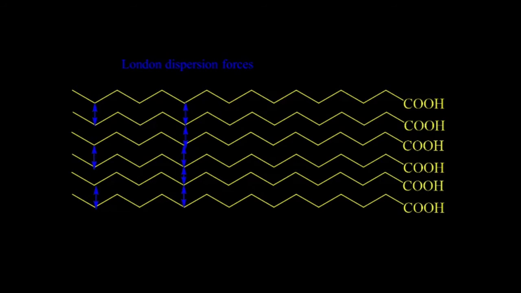London dispersion forces are weak interactions. The regular packing of hydrocarbon chains allows these forces to operate over a large portion of the chain, ensuring that a considerable amount of energy is needed to separate and melt them.